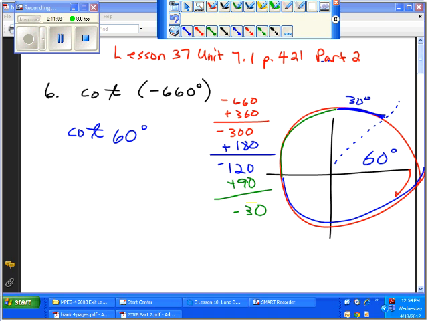Now we're in quadrant 1, and in quadrant 1, this original angle would have been positive because it landed in quadrant 1. So we're going to have cotangent 60 degrees. Any questions on that? You might be tempted to take the 30, but you were going backwards, so your reference was really the 60, okay? It's got to be an angle in standard position when we name that last angle. Any questions on that?